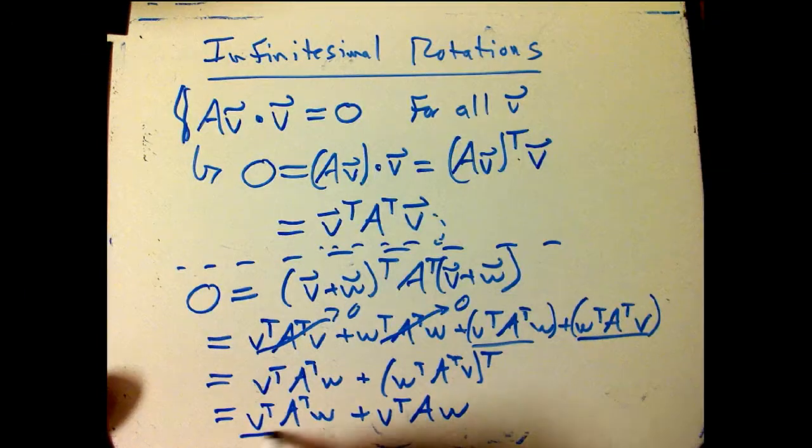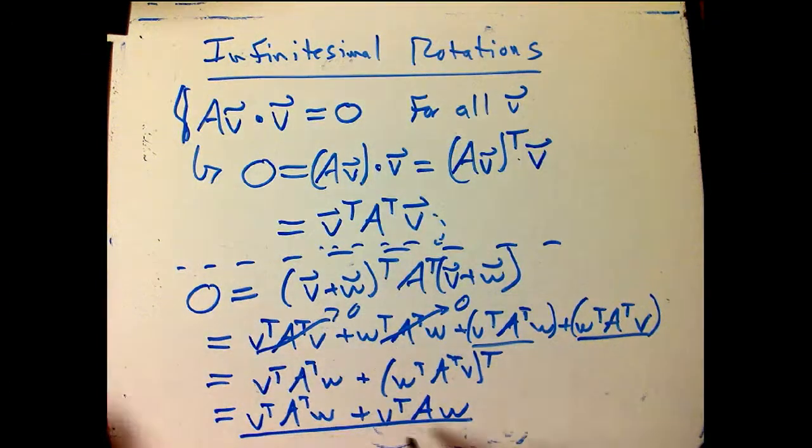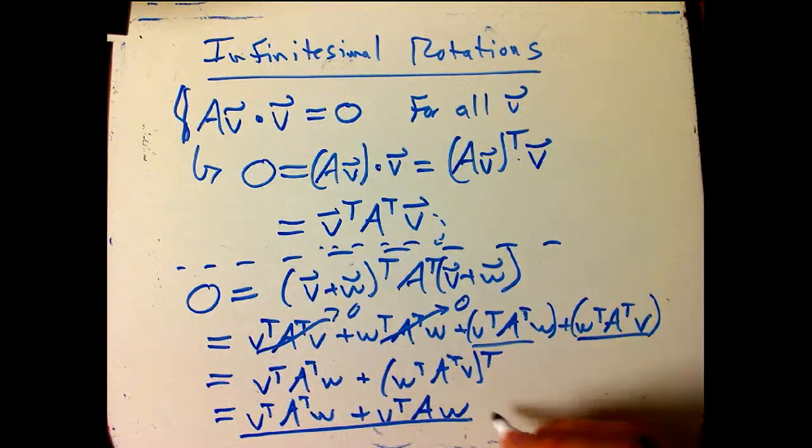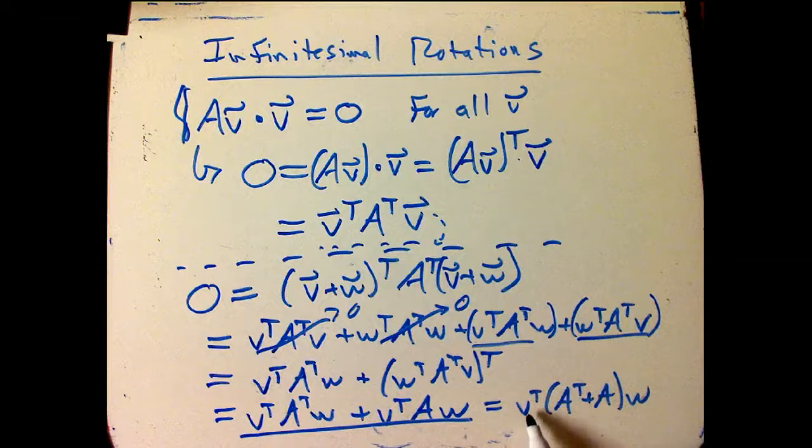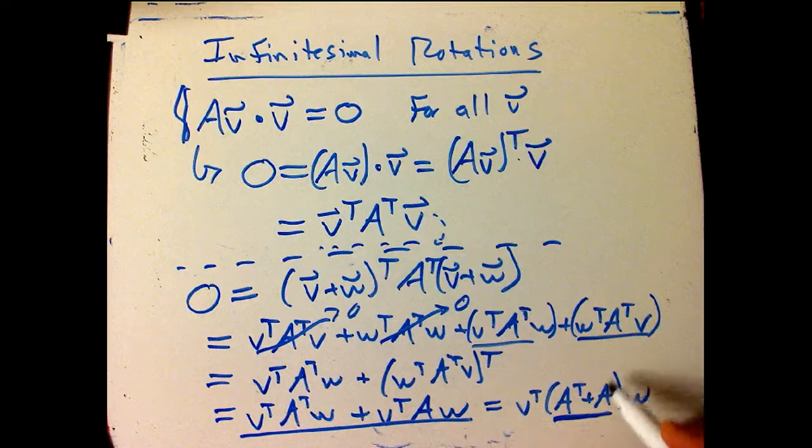Okay, this is equal to 0 for all v and W, but I can then just collect that. That's A transpose plus A times W. Okay, so no matter what the vectors v and W are, the product of A transpose plus A times this vector is 0.